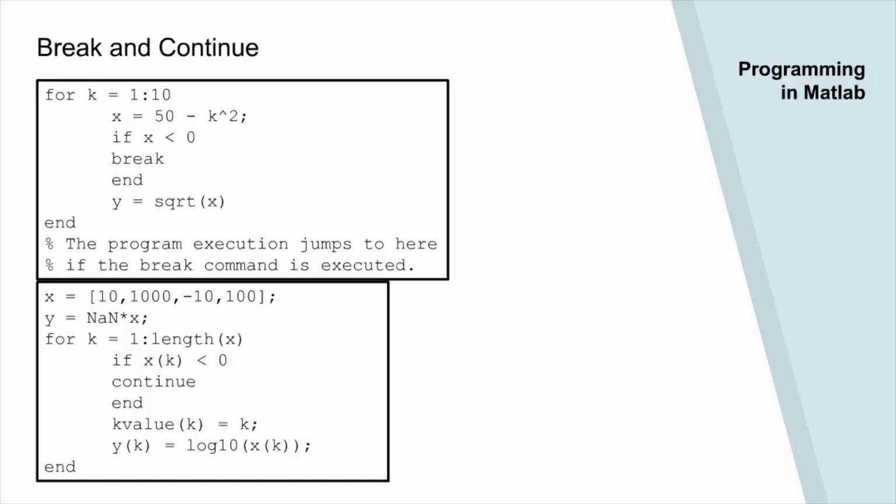The statements inside the for loop are k value as k and y as log10 of x. So the result we get here is 1, 2, 4 for k, and y we get 1, 3, NaN and 2. So what happens is when the continue statement is encountered, MATLAB jumps to the next iteration of the for loop and continues till the whole for loop is completed.